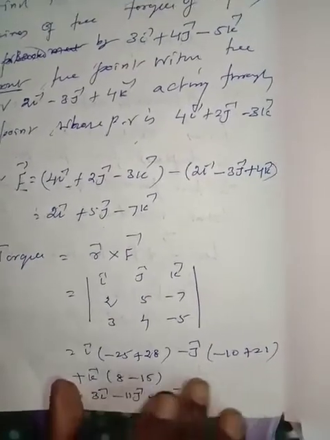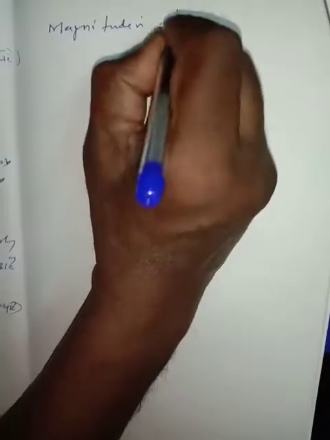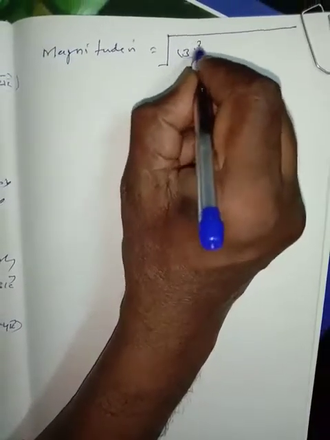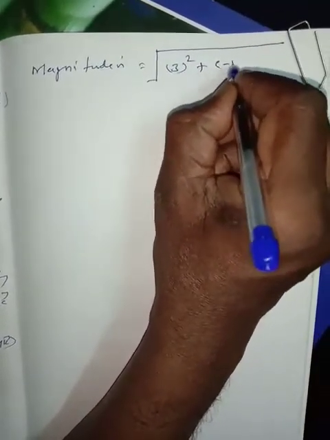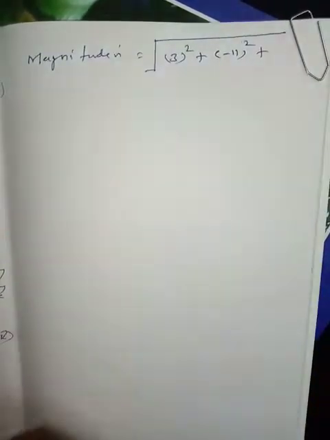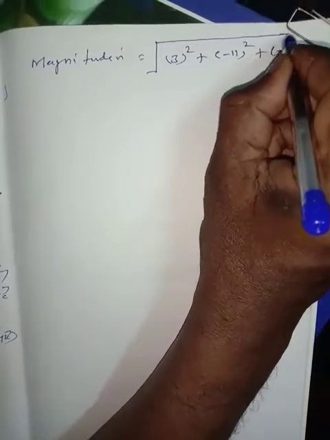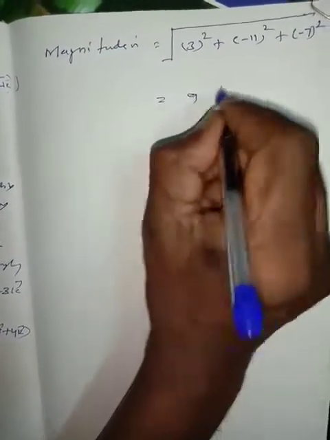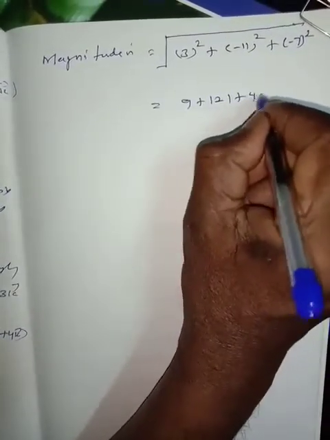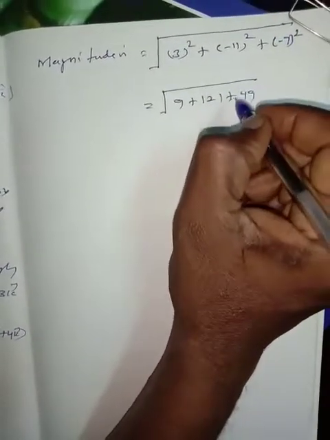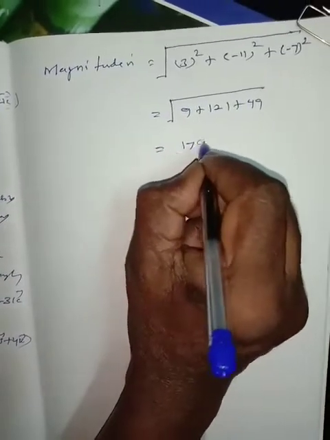Magnitude is the square root of i vector whole square plus j vector whole square plus k vector whole square: 3 square plus minus 11 whole square plus minus 7 whole square. 3 square is 9, plus 121, plus 49. Adding, 179.